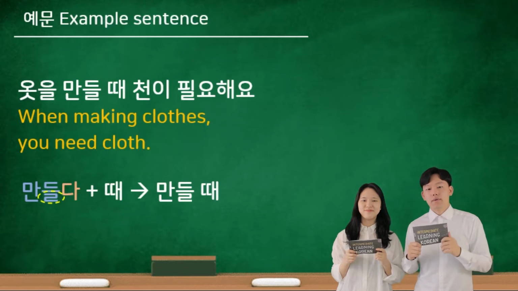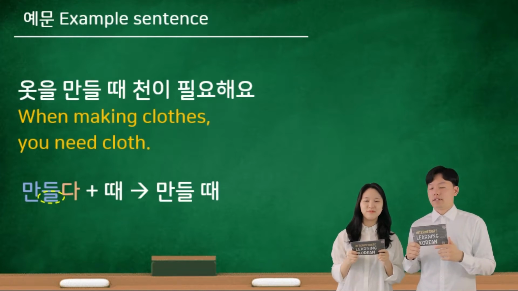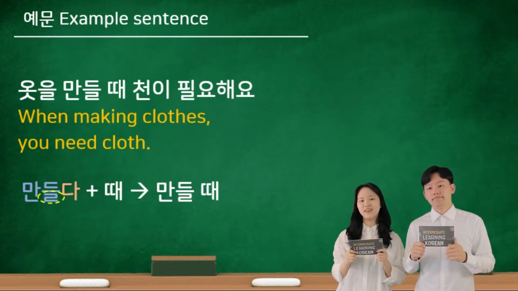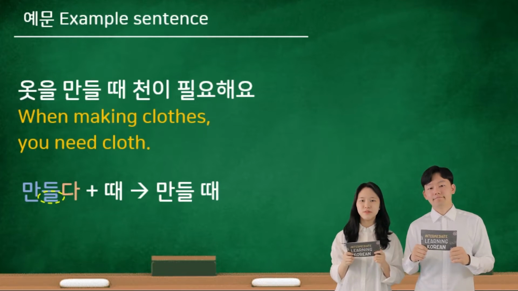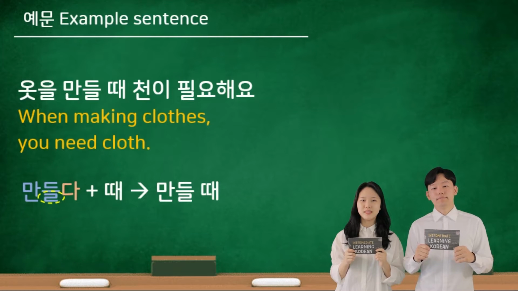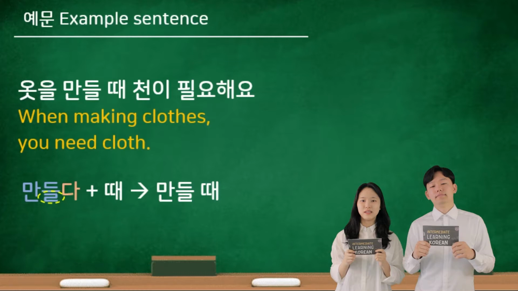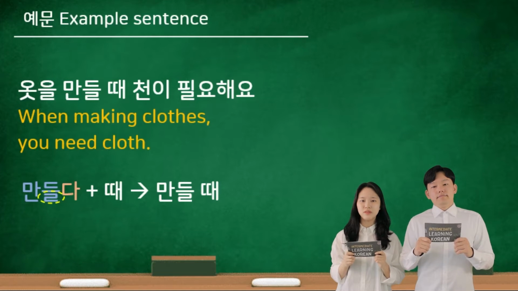Yes, let's look at the next sentence. 날씨가 추울 때 감기를 조심해야 해요. One more time. 날씨가 추울 때 감기를 조심해야 해요. The basic form of 추울 때 in this sentence is 춥다.